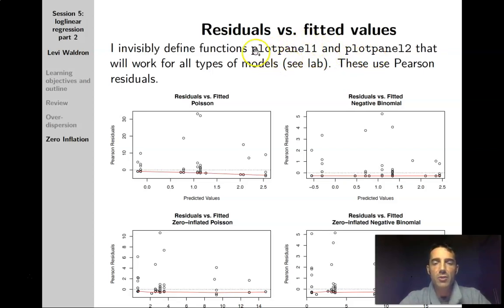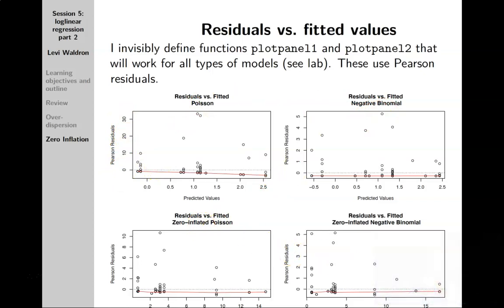But that actually create the first 2 of the panels. This is that top left panel, the predicted values versus residuals for Poisson, negative binomial, zero inflated Poisson, and the zero inflated negative binomial model.